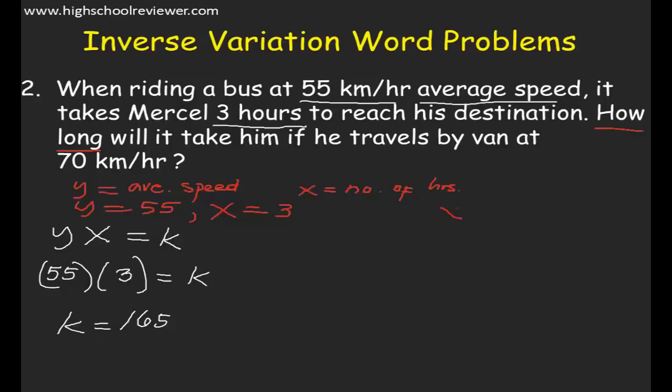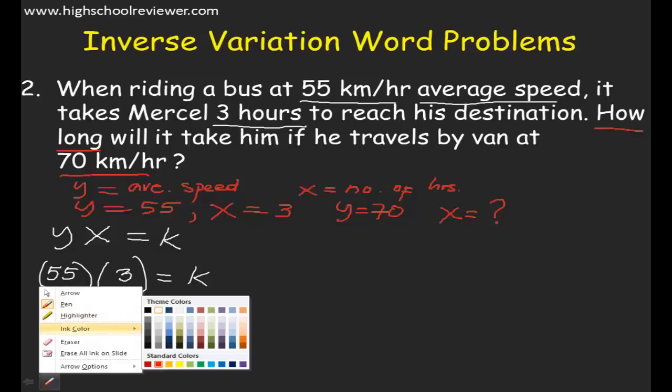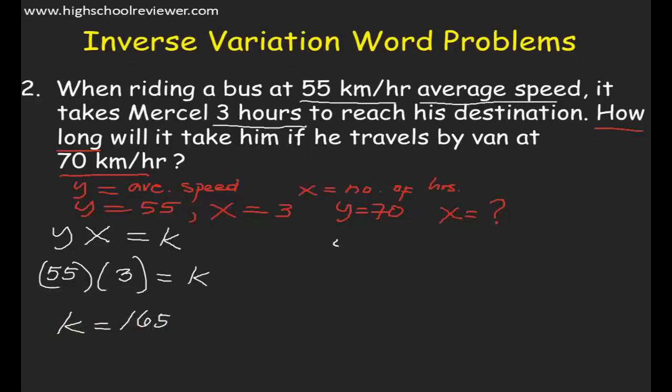So our X will be the unknown, and our Y will be equal to 70 kilometers per hour. There. So how do we find X? Again, we will use the equation Y multiplied by X equals K. Our Y is 70 and our X is the unknown. Our K is 165.